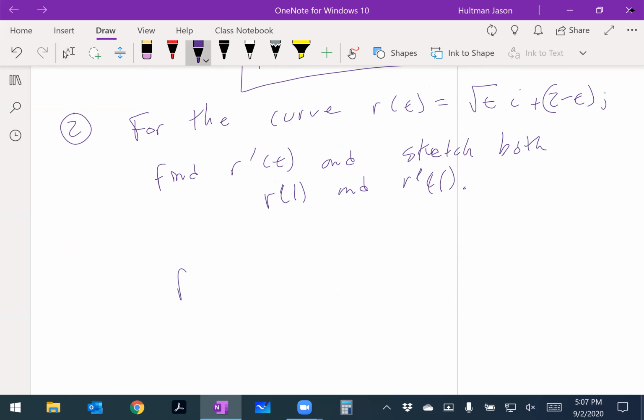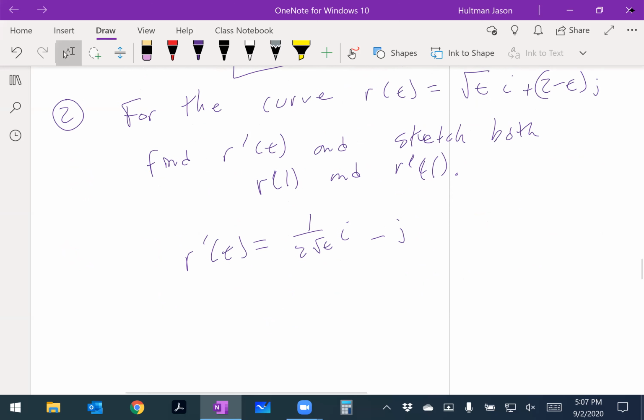So what's r prime of t? Well, that's 1 over 2 radical t i minus j. Does that make sense? Okay, so what's r of 1? Plug 1 in here.